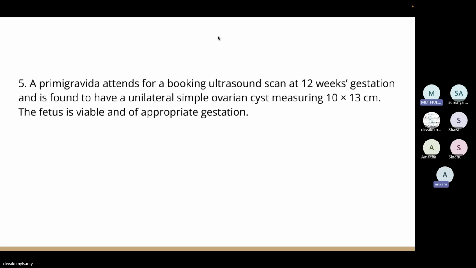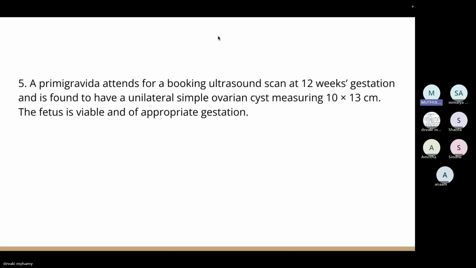Room number 5 shows a unilateral simple ovarian cyst, 10 by 13 centimeters, in a primigravida with 12 weeks of gestation. The anticipated risk, since it is a big cyst, is that it may undergo torsion, hemorrhage or rupture.